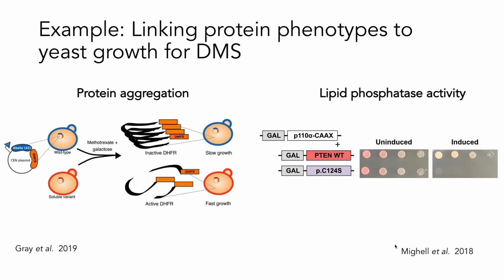So I suggest you take a look at these publications for the details and how they did this. But they involved either adding drugs or co-expressing with different human proteins.